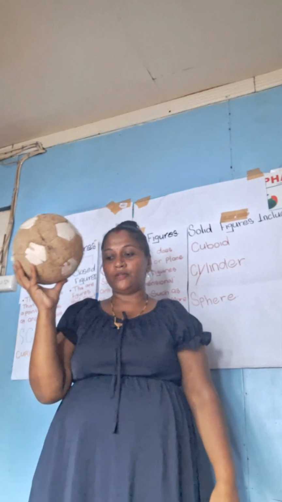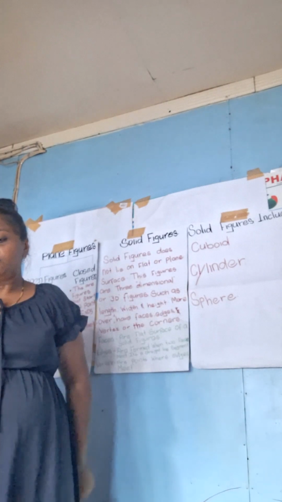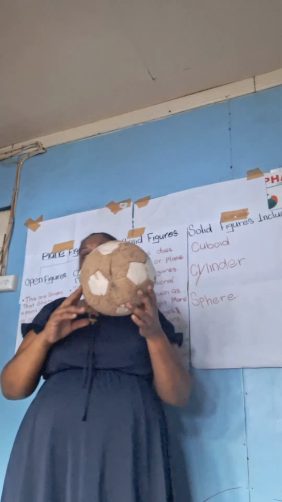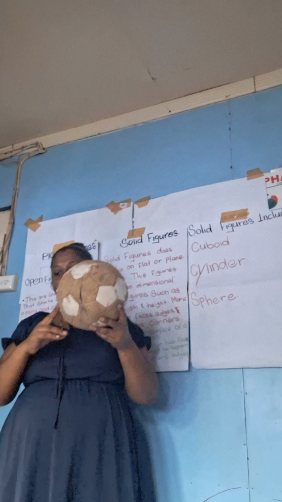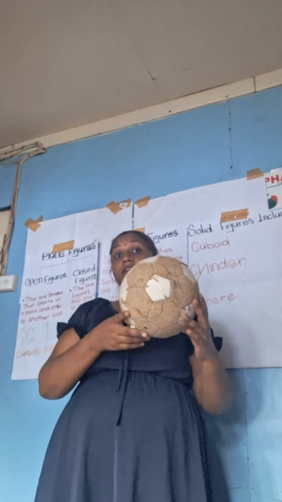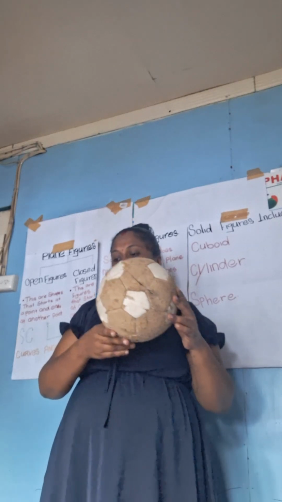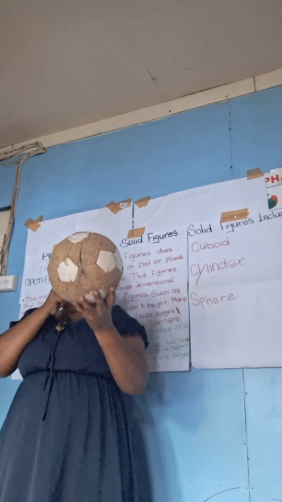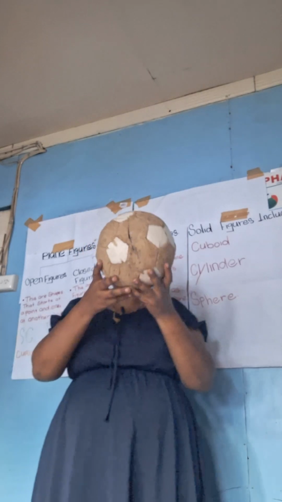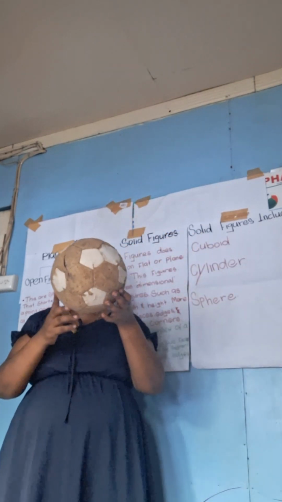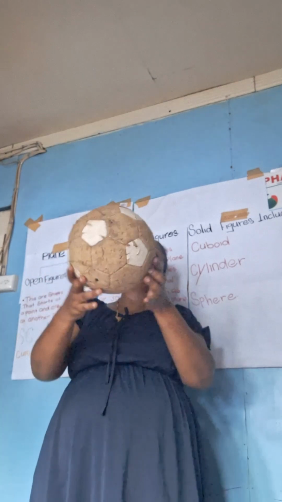A bowl. Right? These figures are mostly round. They are round. Right? So, can anyone let me know how many edges you can see in this sphere?